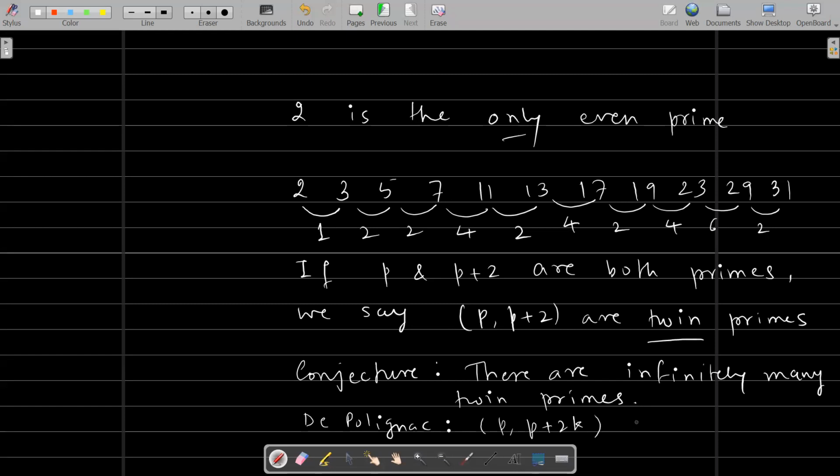So there are infinitely many such pairs. And you see if k is 1, that gives me twin primes, right? Infinitely many such pairs, both p and p plus 2k both primes. Still, that's a conjecture. It has not been proved or disproved.